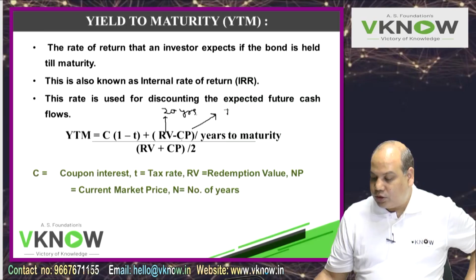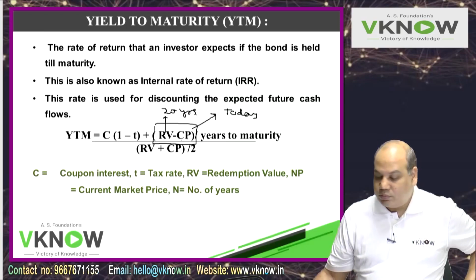And what you are doing is just deducting a cash flow of today from a cash flow which will take place after 20 years and dividing by the number of years. So are you not violating time value of money here?